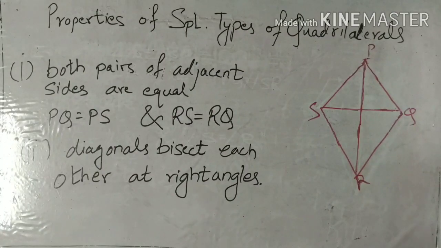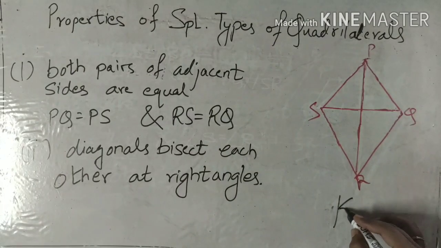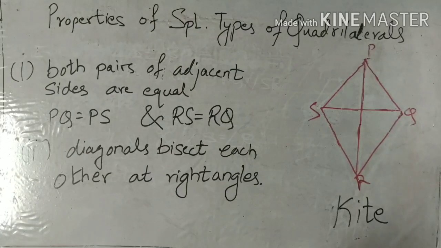Okay, so this is a very familiar shape of a kite, and we also know it as a special type of quadrilateral named kite. So what are the properties of a kite?